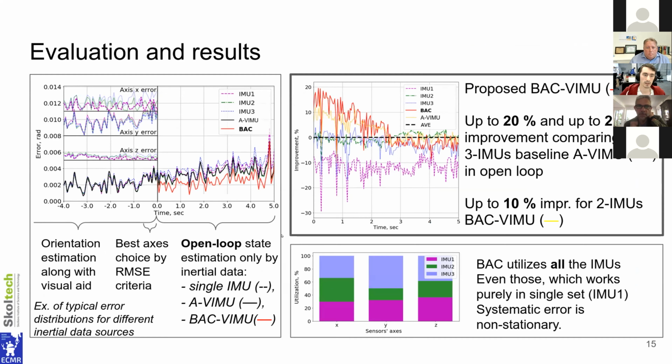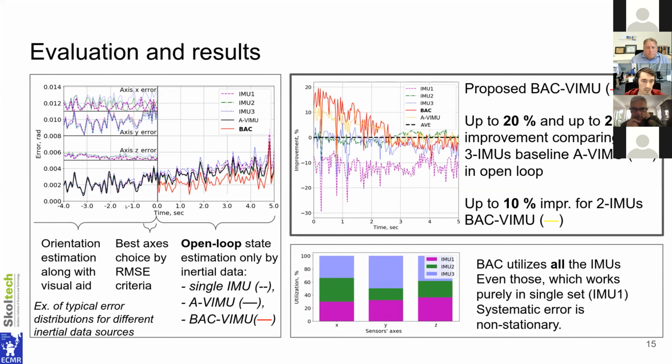Yes, it's the final slide. We evaluated our approach in 2 stages. In the left graph, we have stage 1, from -4 to 0 seconds, where we utilize visual and inertial data for state estimation.